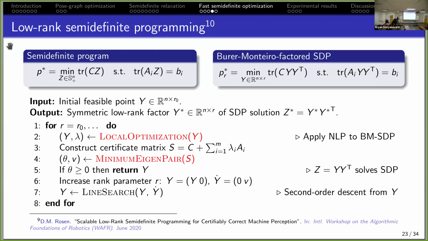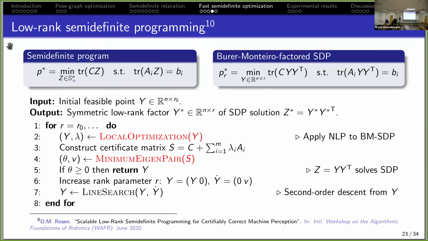So the main thing I want to point out here is that this is really a meta algorithm that tells me how I can solve very high dimensional SDPs by just solving a sequence of low dimensional nonlinear programs of the sort that look almost exactly like a heuristic local search for the original machine perception problem that I started with.